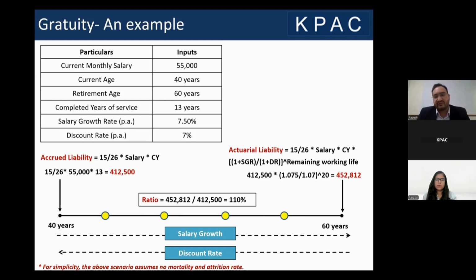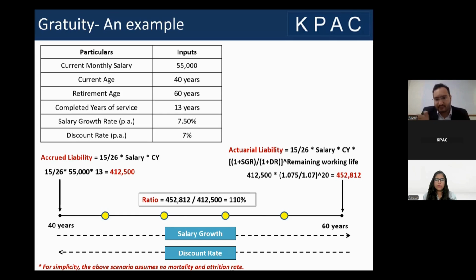And thus we arrive at the actuarial liability, which is 4,52,812. Here, if we introduce the concept of attrition rate or mortality rate, this payout that is expected to be made after 20 years will be paid out before that. Hence, our liability in this case will reduce because our salary growth rate is higher than the discount rate.